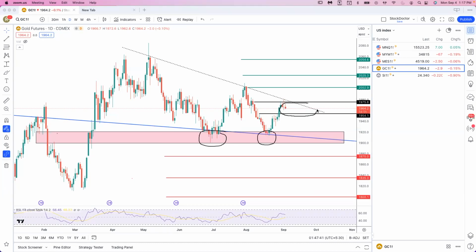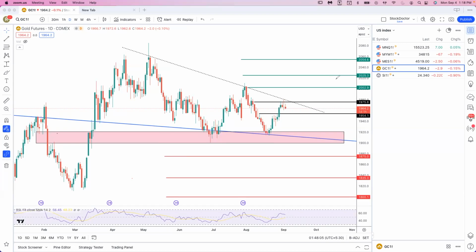So this is a 20 points range. If gold stays above 1975, we will see a quick upside from 1975 to 2000, 2025, 2050. If it stays below 1950, then you can again see it go back toward the 1920, 1900 range.